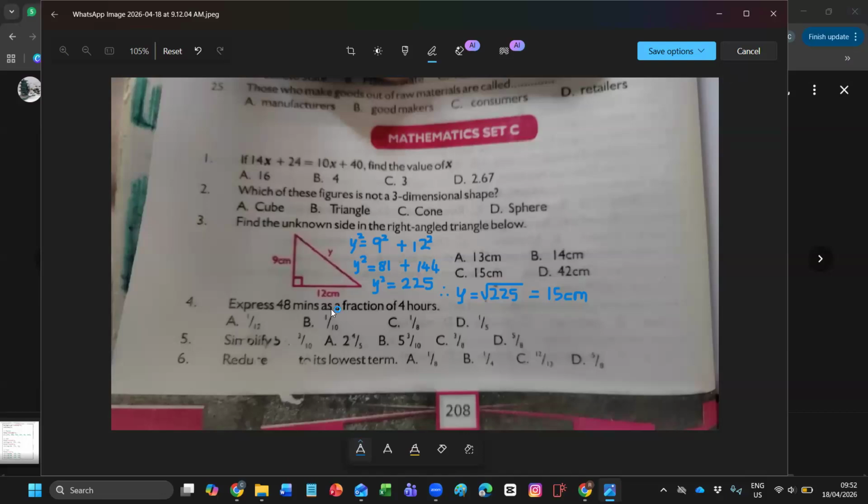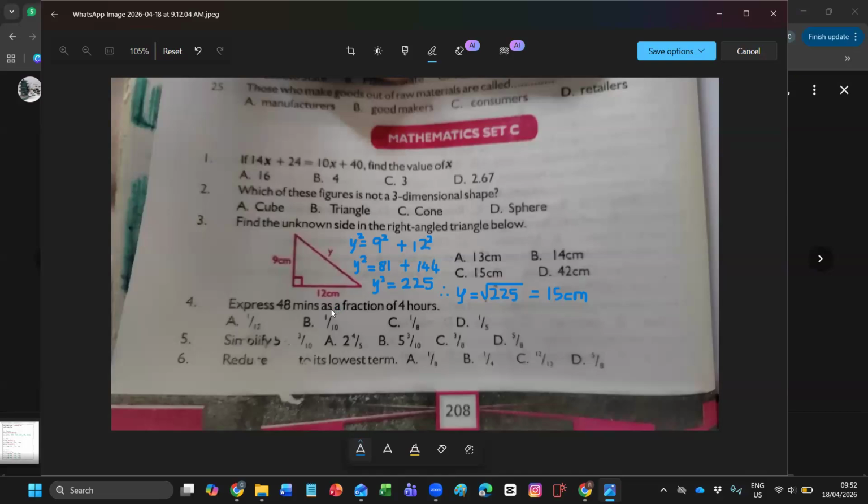Anytime you rush and your mind is thinking about the answer, more than 50% of the time, you will be wrong. I can assure you straight up. When you give me an answer without thinking, you skip the process. 48 minutes as a fraction of 4 hours is also known as 48 over 240.